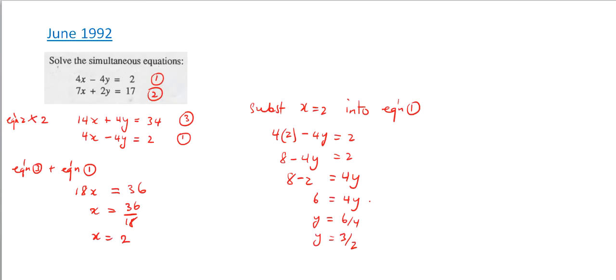So it does satisfy the first equation. Let me try it in the second one. 7 multiplied by 2, which is 14, plus 2 multiplied by 3 over 2, and we get 17. So therefore x and y satisfy both equations.